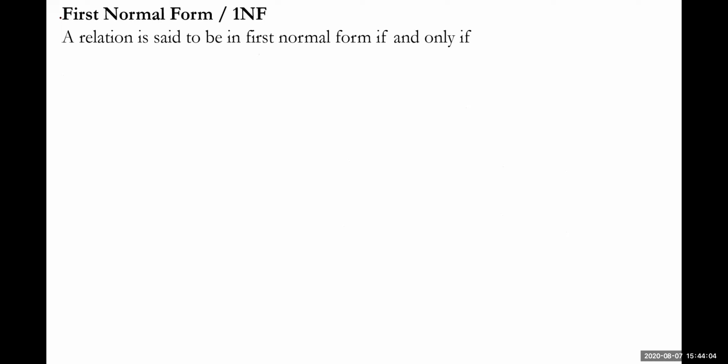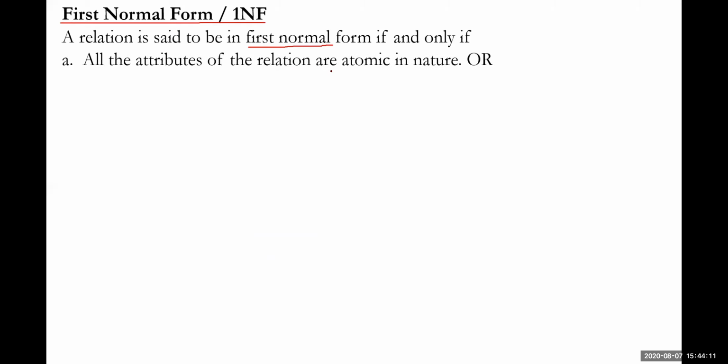First normal form. A relation is said to be in first normal form if and only if two conditions are met. Condition number one: all attributes in the relation must be atomic in nature. What do we mean by atomic?